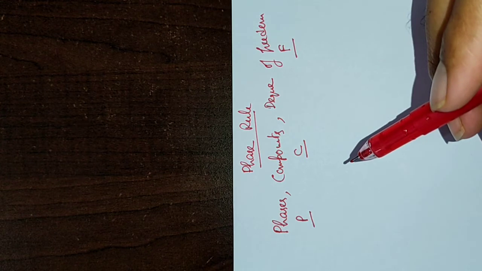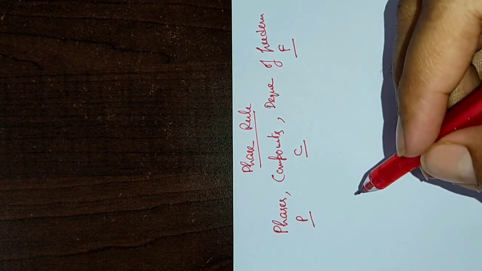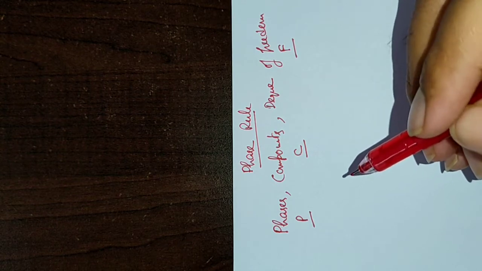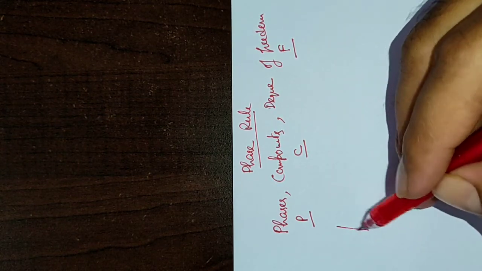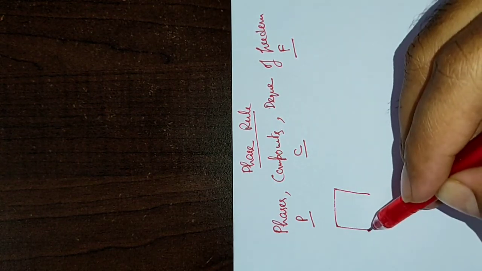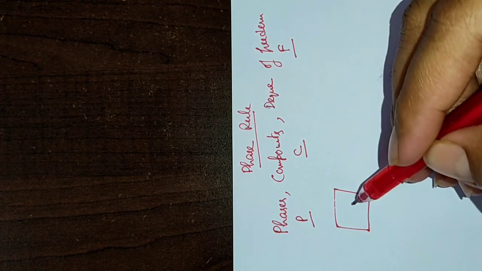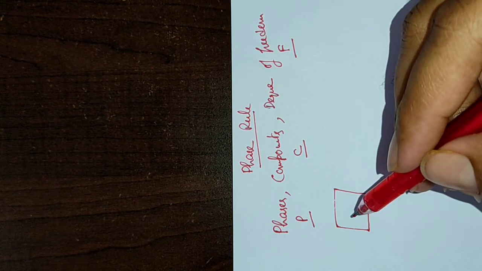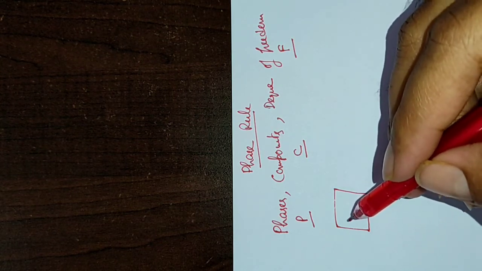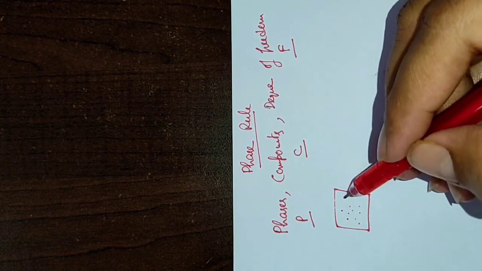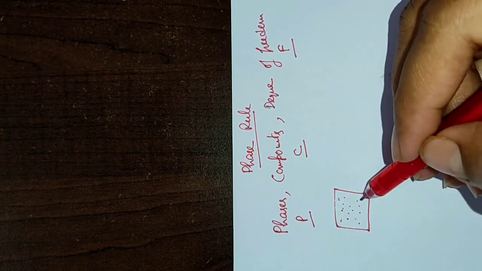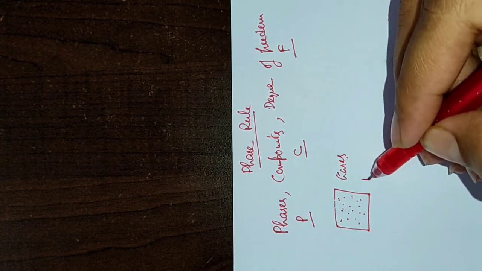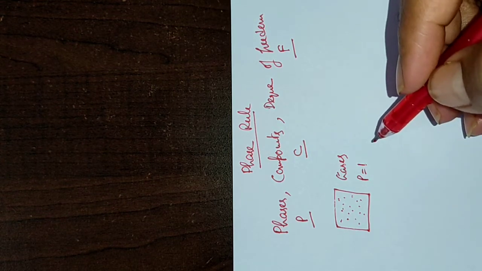If we take a mixture of gases, then we will get only one phase. Since the intermolecular distance is very large compared to their diameter, gases are completely miscible. So it will constitute only one phase. P will be 1.